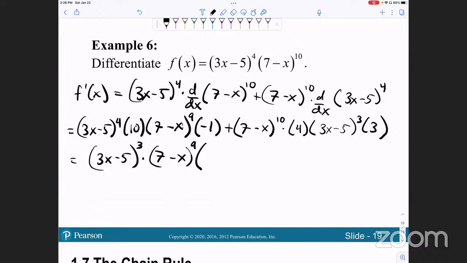Let's see what's remaining. You have this negative 10. 3x minus 5 is remaining here. And I think the 7 minus x's are done there, okay?